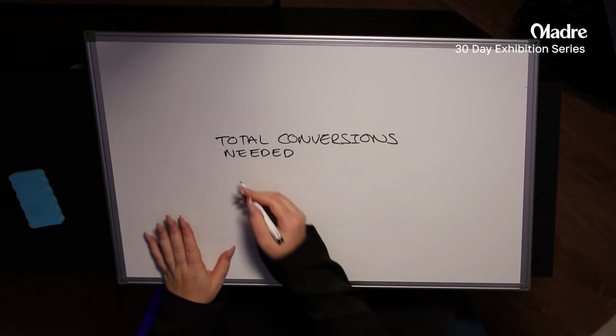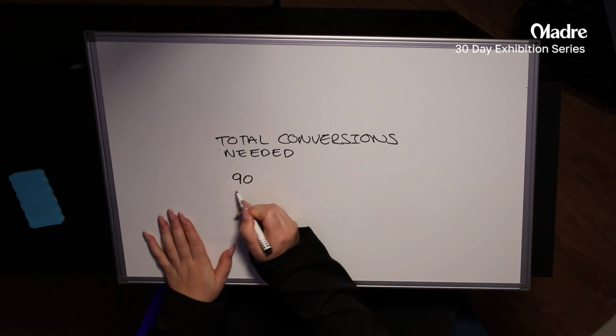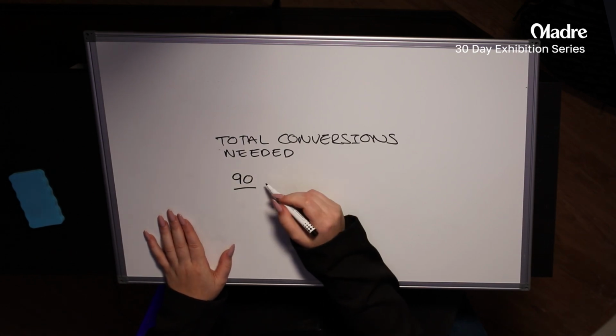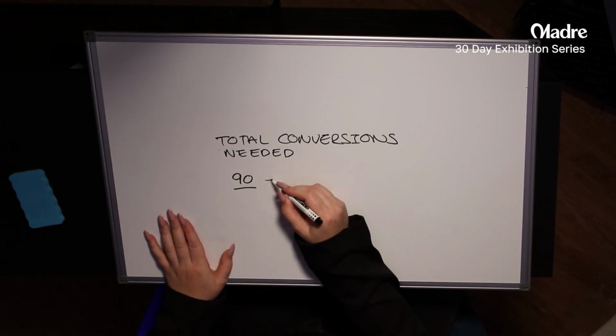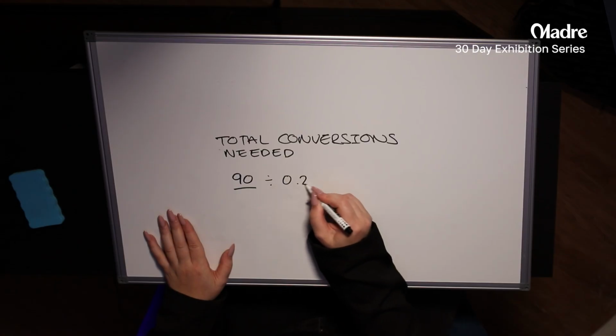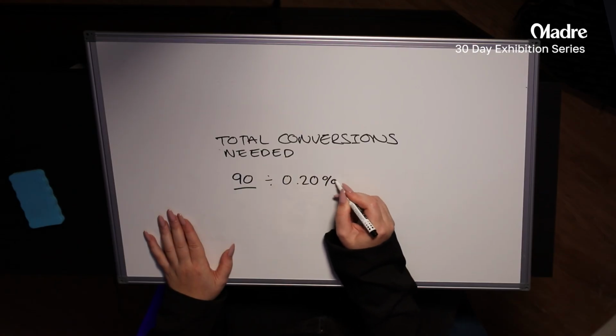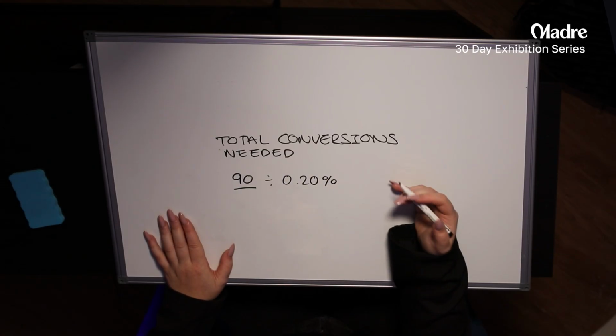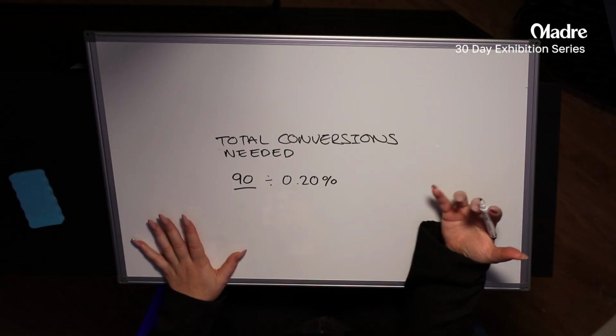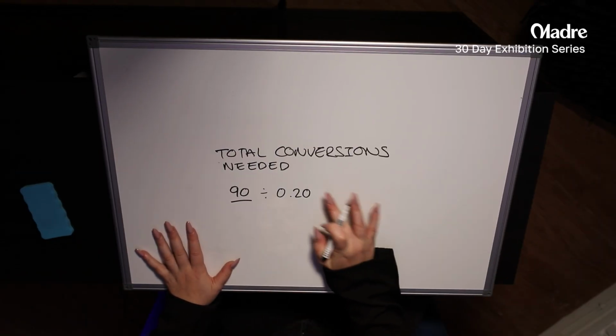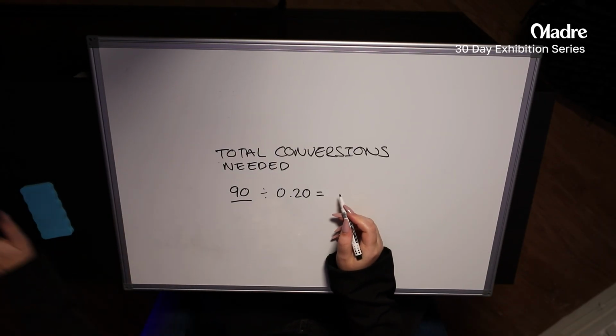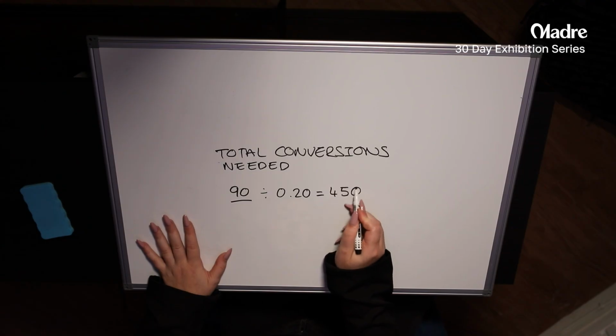So what we are going to do is take the last number that we had, which is 90 qualified leads, and divide that by the 20% that are actual qualified conversations that they have on the day. So that is going to get us to 450.